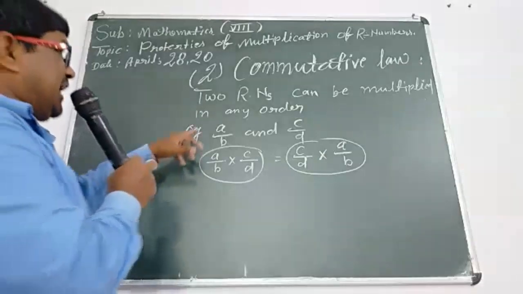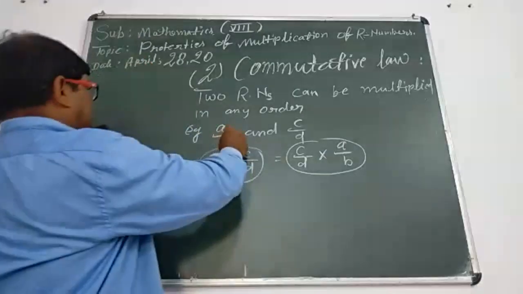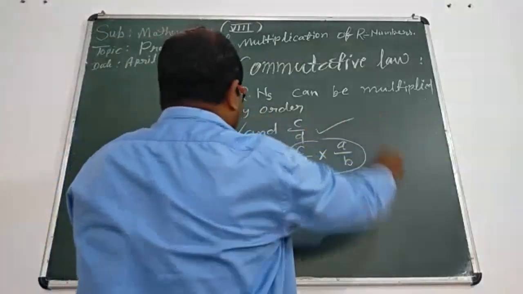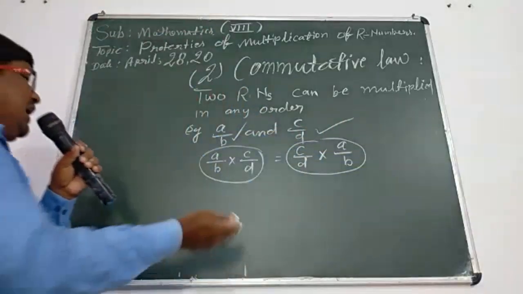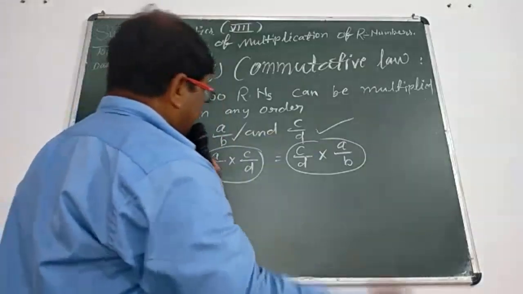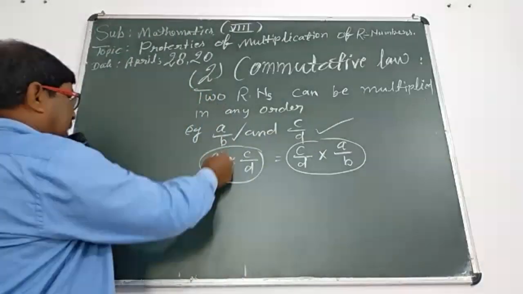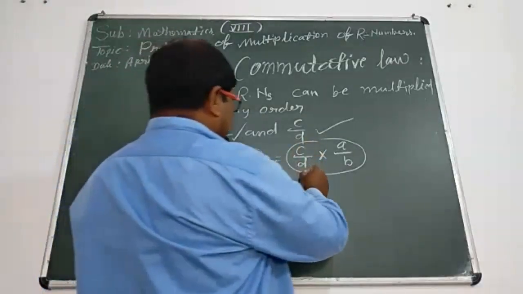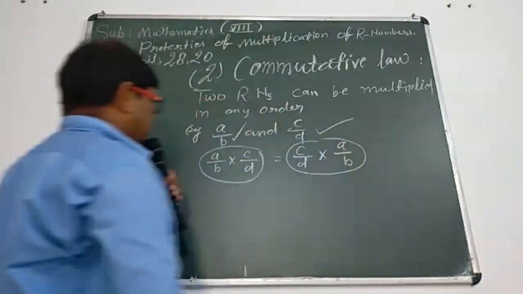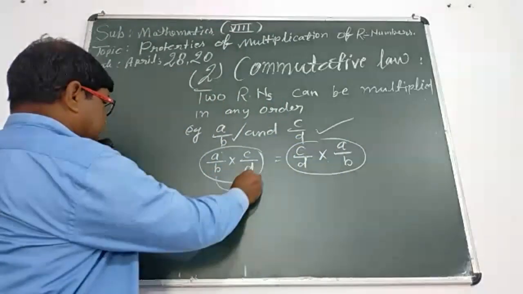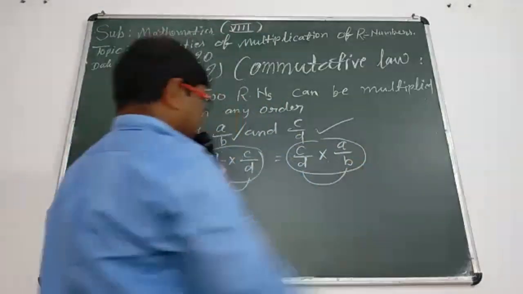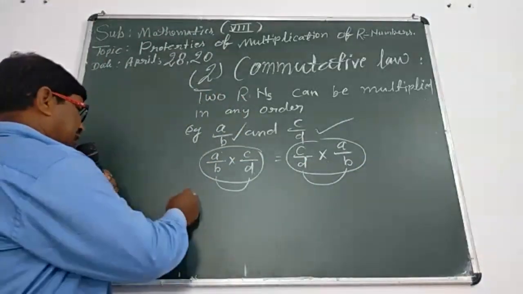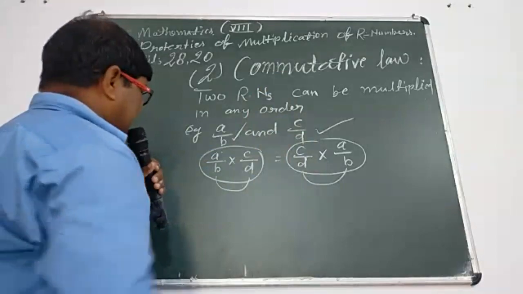Suppose that you have two rationals, one is A upon B, another is C upon D. You can multiply them in any order and get the same result. It means the product of these two is equal to the product of these two. You can take help from real rationals.